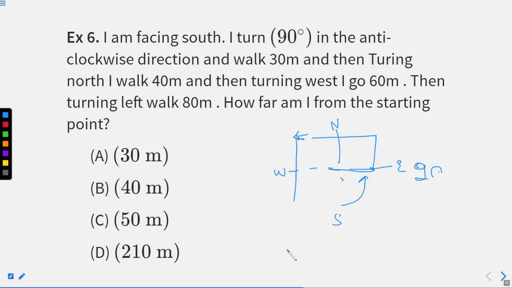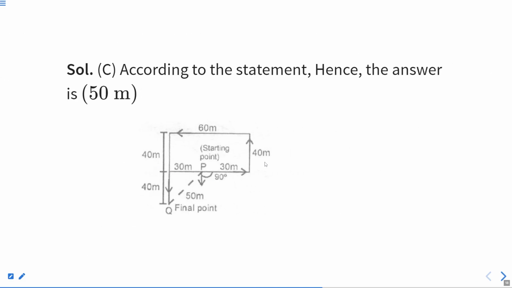So how far you are from the starting point, this is something you have to figure out, right? For that you can see the diagram here itself. In the diagram you can see that initially you are at point P. This is point P and you are facing towards south, right?